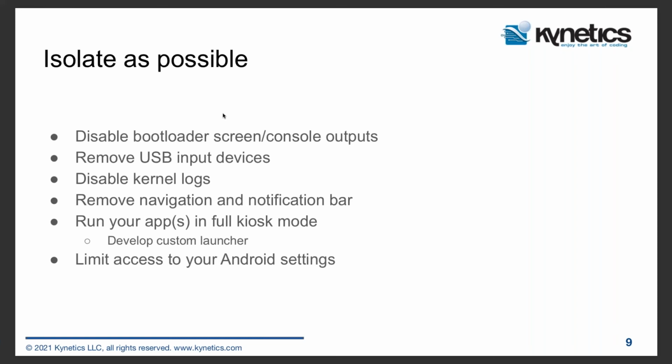For instance, you can disable bootloader screen outputs, remove USB input devices, disable logs, remove the navigation and notification bars, and run your app in full kiosk mode, so the user faces just one app and everything is regulated by the app itself.